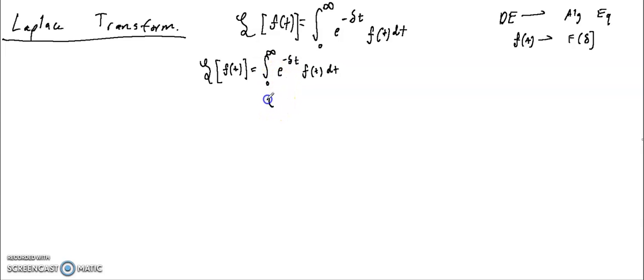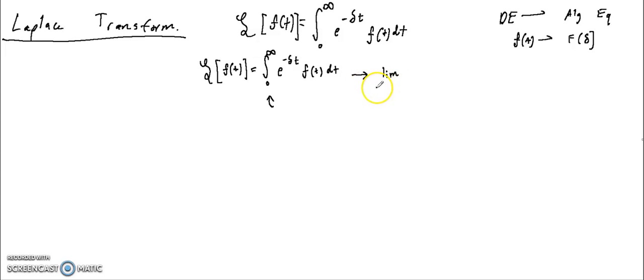But one thing I want to point out is this improper integral, you can't just evaluate it. You can't just plug in infinity and get something. You need to plug in the limit as it approaches infinity. So let's do that.